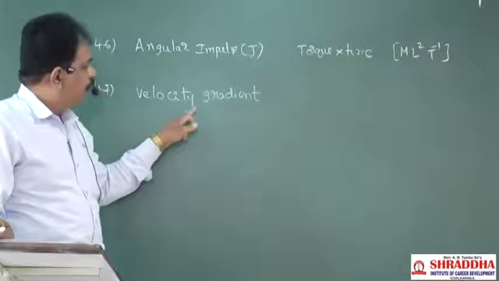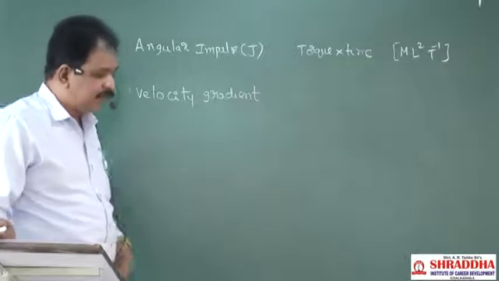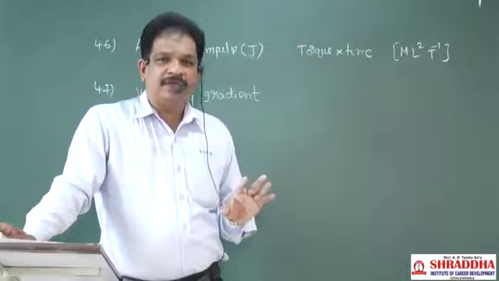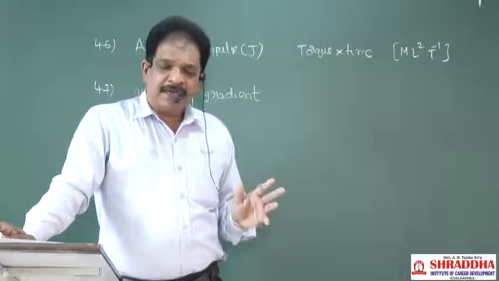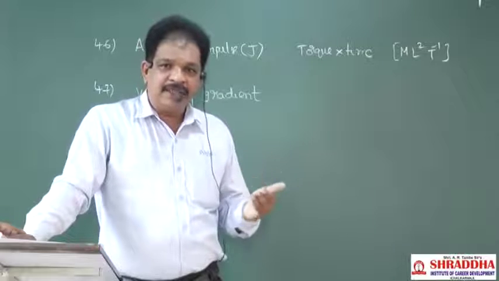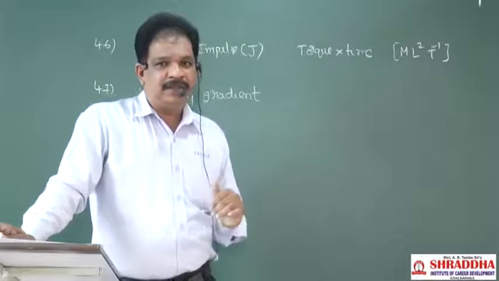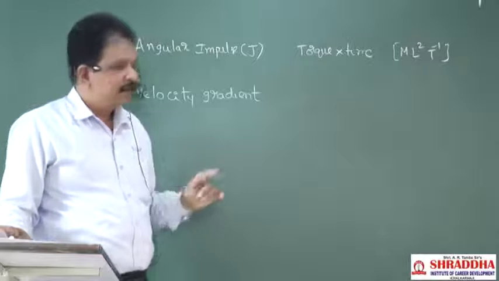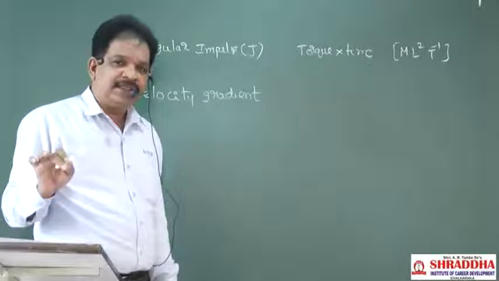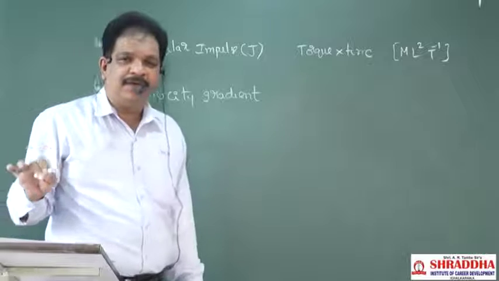Next, velocity gradient. Gradient means, see, per unit length. Temperature gradient means change in the temperature per unit length. Velocity gradient means change in the velocity per unit length.